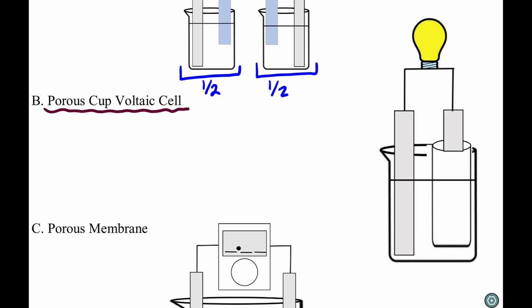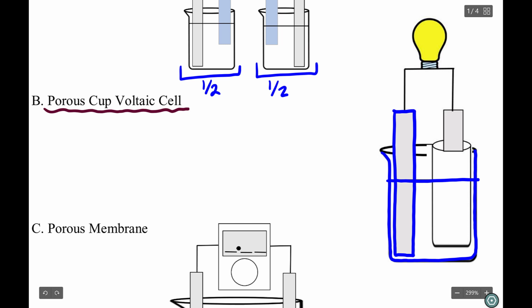What you end up having is a beaker with one half cell in it. What I outline here in blue would be one half cell, and this electrode here would be part of that half cell. So for instance, maybe this is silver solid, and in here I have a silver ion solution with nitrate, and so that half cell would be a silver half cell.